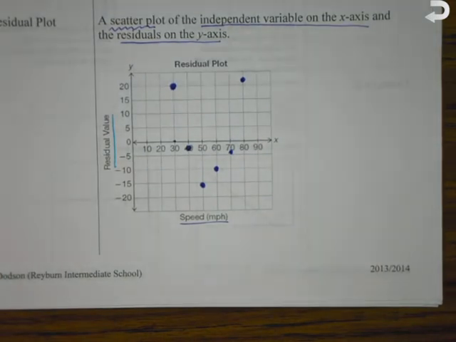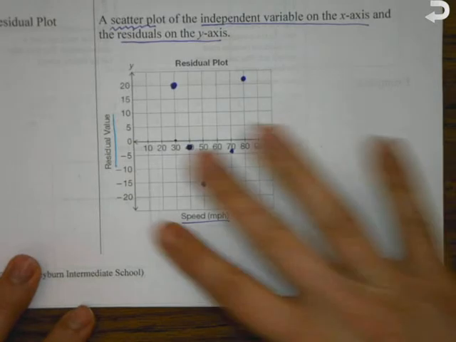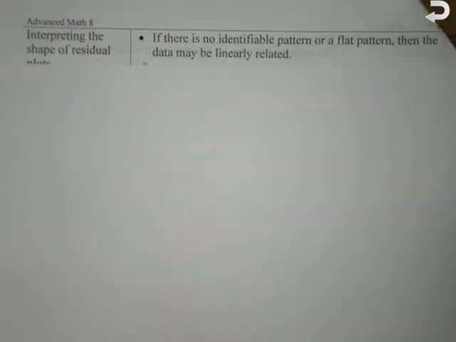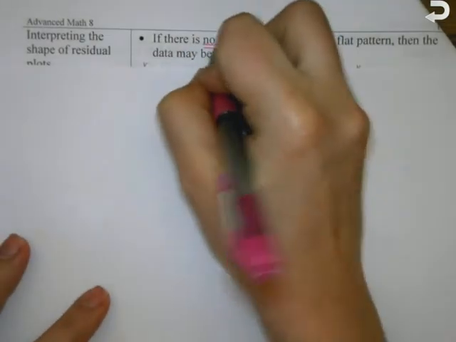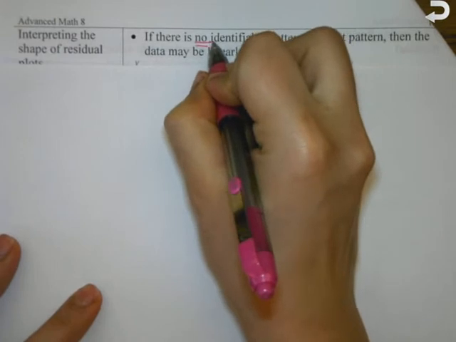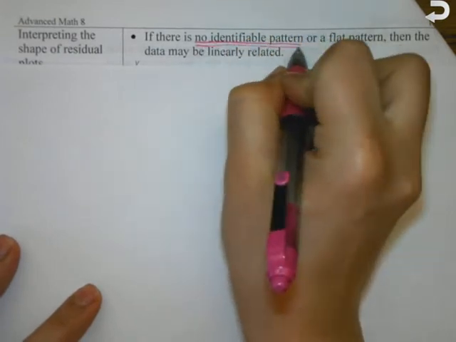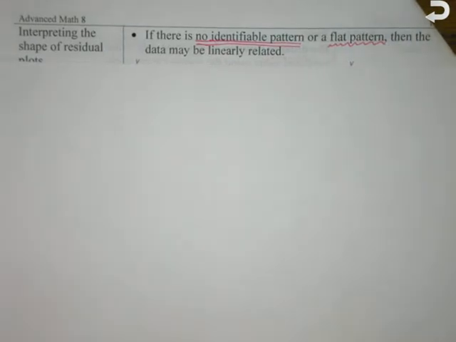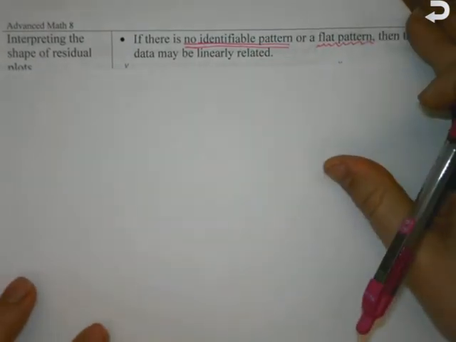Now let's talk about how we would use this to interpret the data, okay? So how would we use the shape of the residual in order to interpret the data? First thing that you need to know is if there is no identifiable pattern at all, or if we get a flat pattern, then the data may be linearly related.